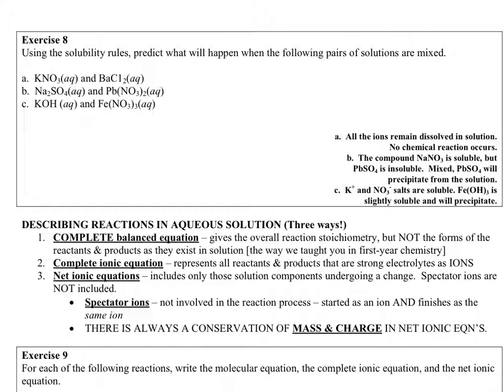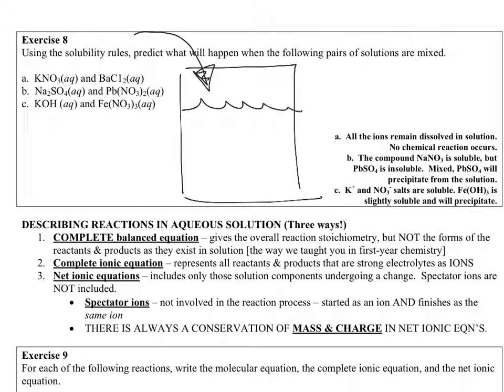One thing I want you to be able to do is picture what's happening in the container on the molecular level. So I'm going to take potassium nitrate solution and dump it into this container. Now I have liquid in my container, and I have potassium ions and nitrate ions floating around.